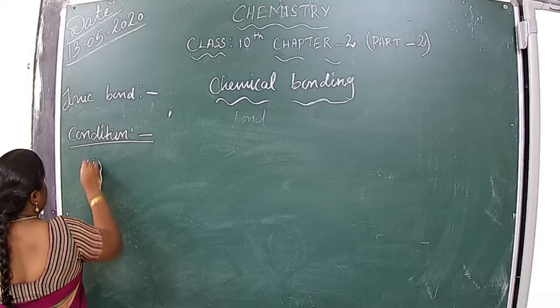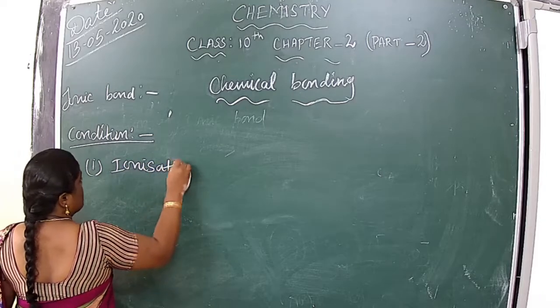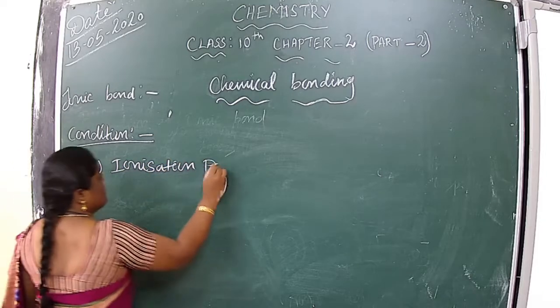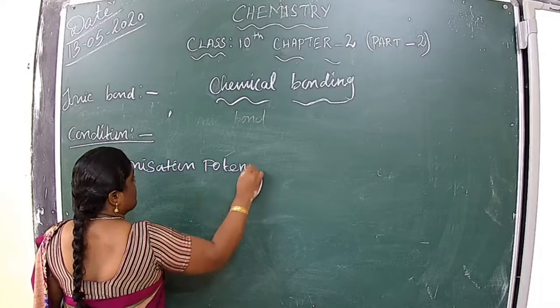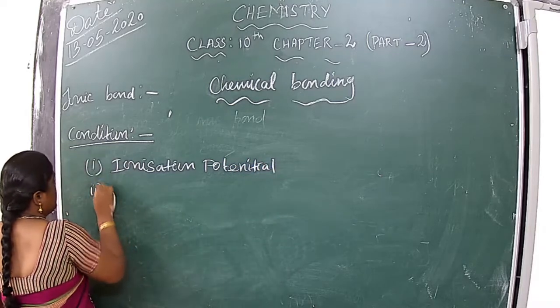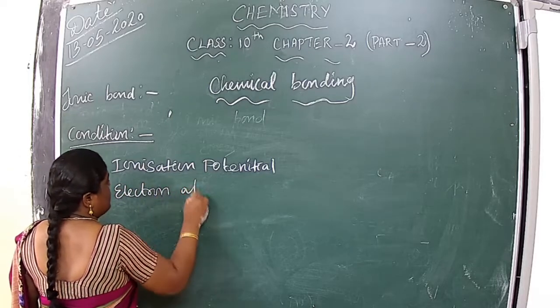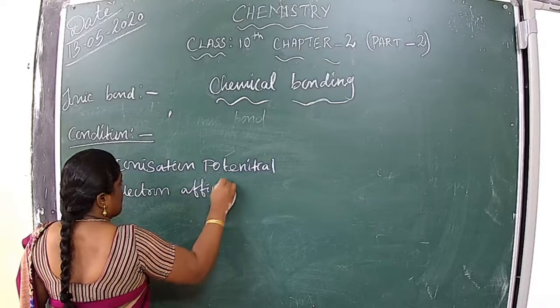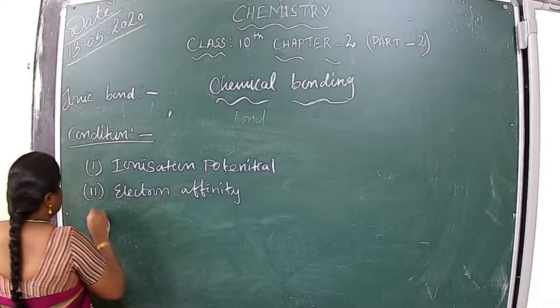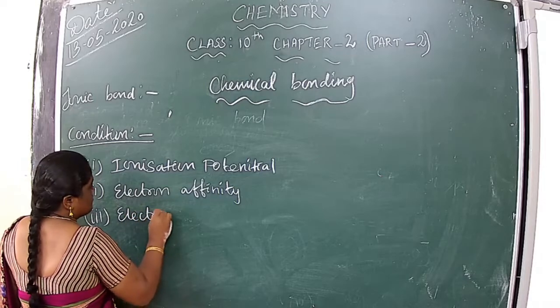First condition is ionization potential. Second is electron affinity. Third is electronegativity.